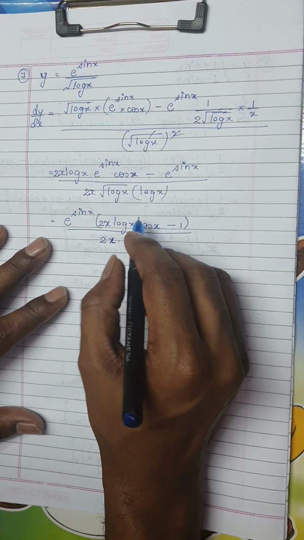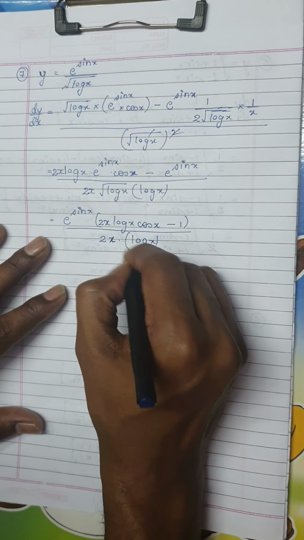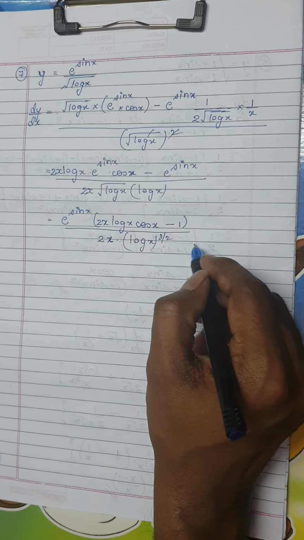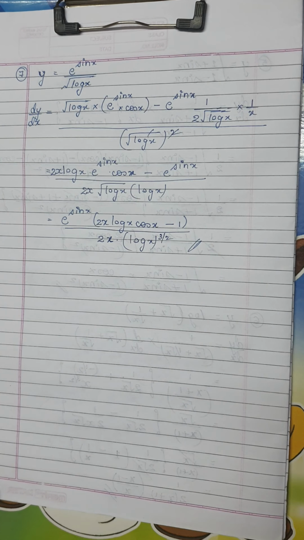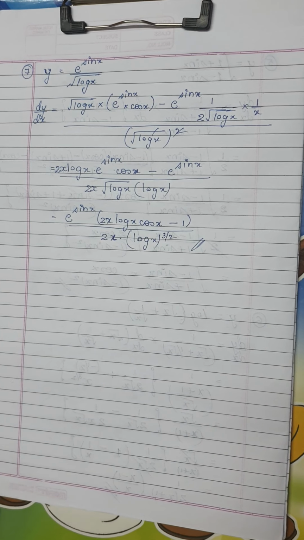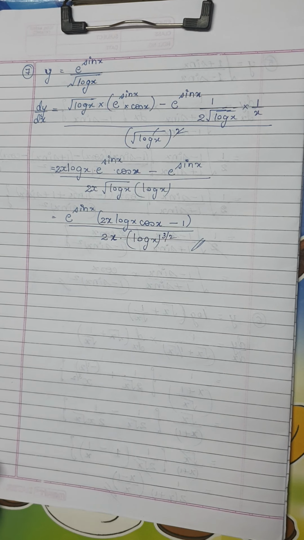So the derivative, log x power 1 into log x power root, is nothing but log x power 3 by 2. For you to be clear with these kinds of problems, it takes a lot of practice. So I hope you practice these problems so that you can be thorough with the concept.